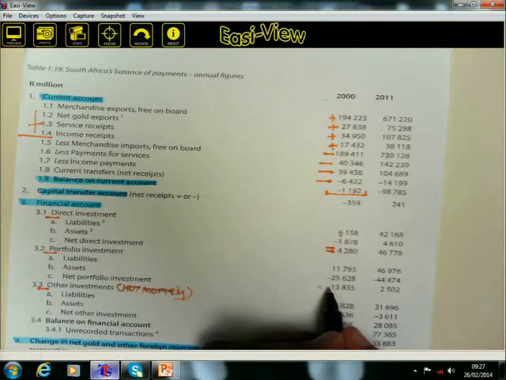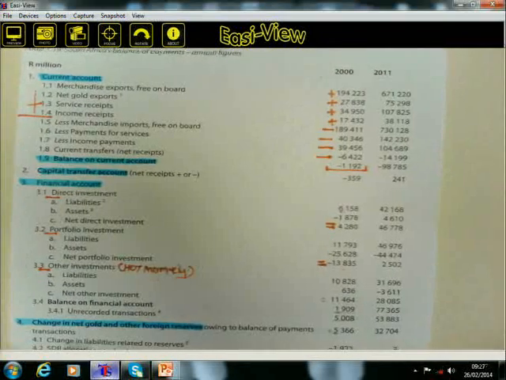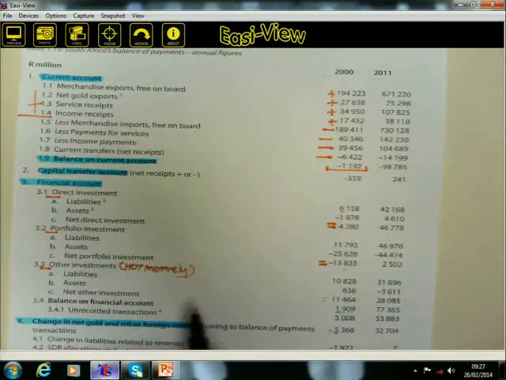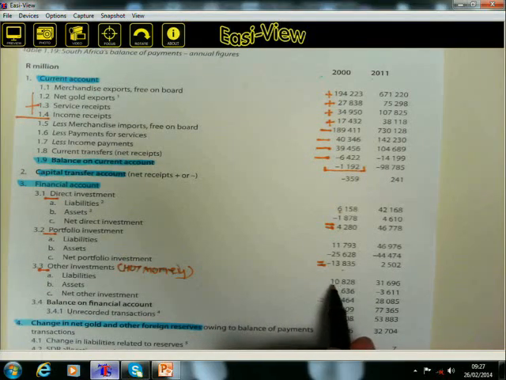The answer that we'll get is called the net portfolio investment, of a negative 13,835. And then the other one is other investment, which consists of liabilities and assets. What we do there, we add the two.